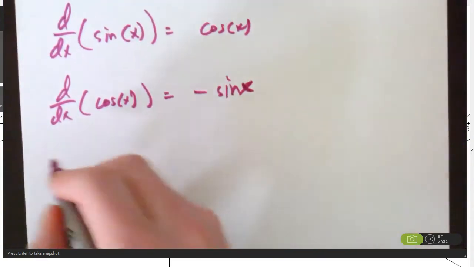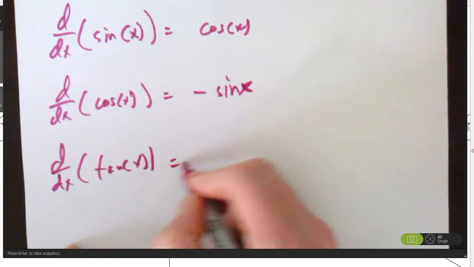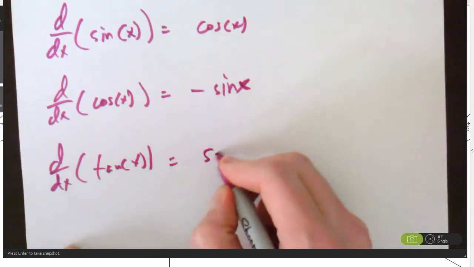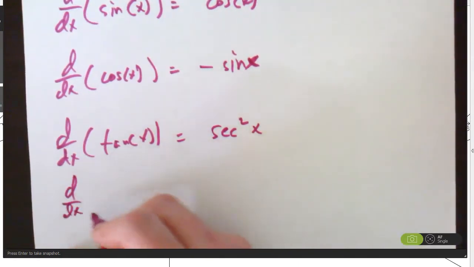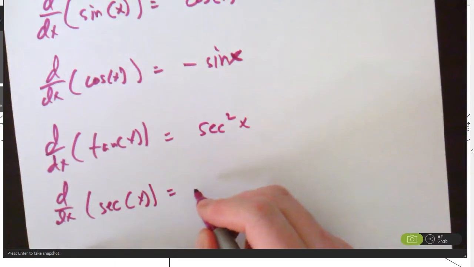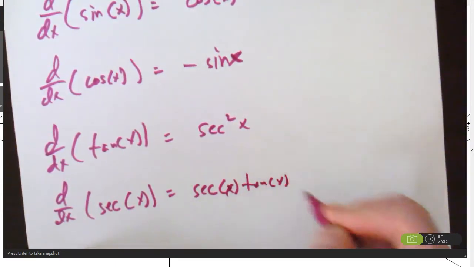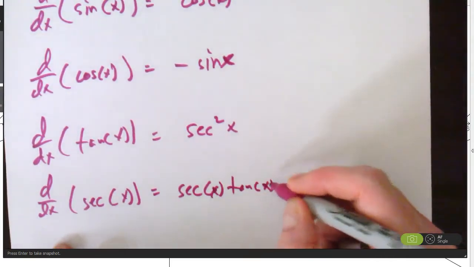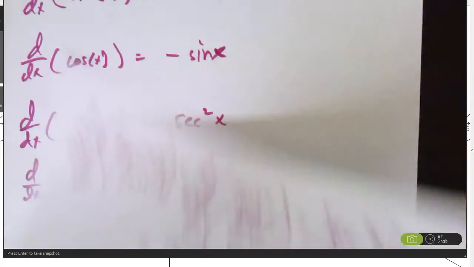The derivative of tangent x was secant squared x. And the derivative of secant x was secant x tangent x.